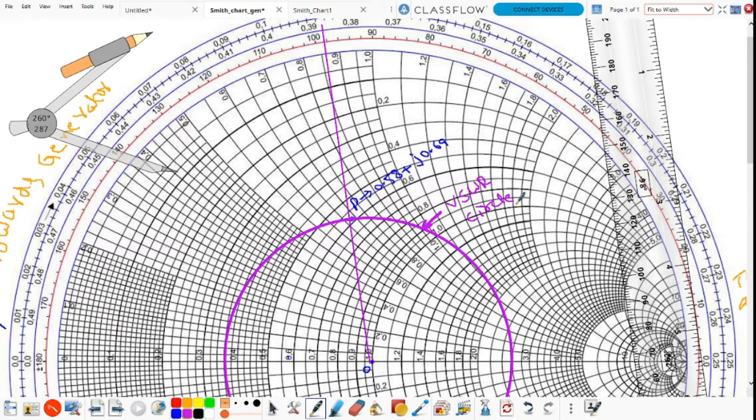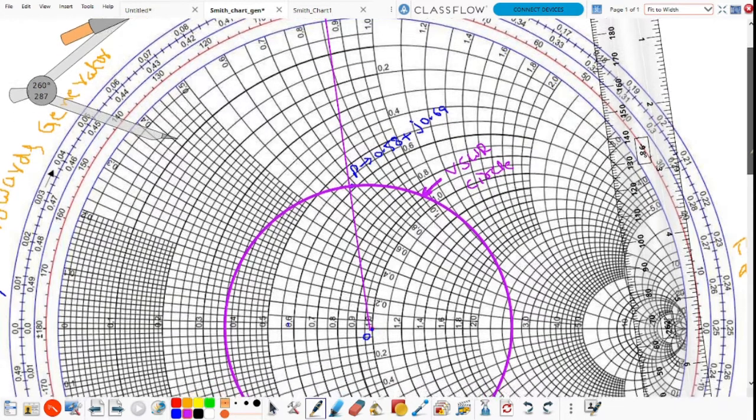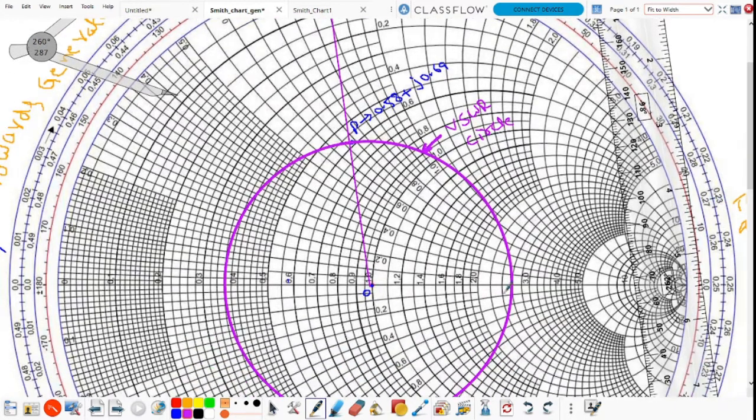So this VSWR circle intersects the horizontal axis, or the real axis, to the right part of the Smith chart. This intersection point is considered as point M. And what is this value?